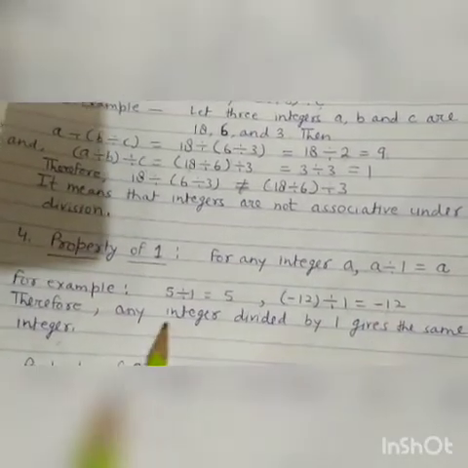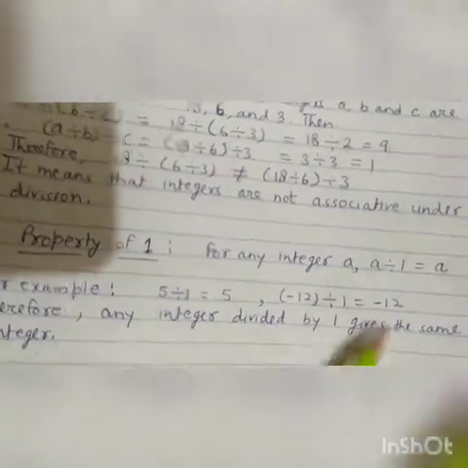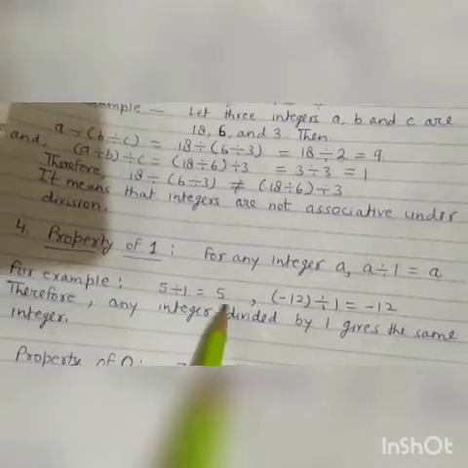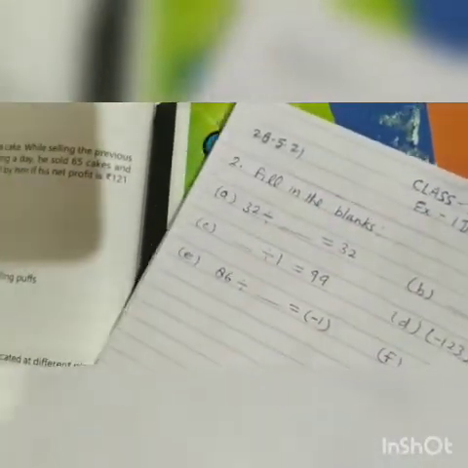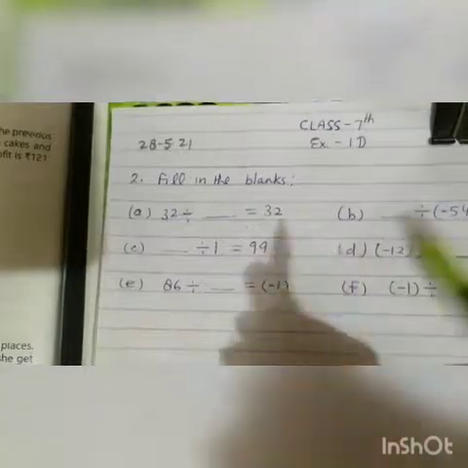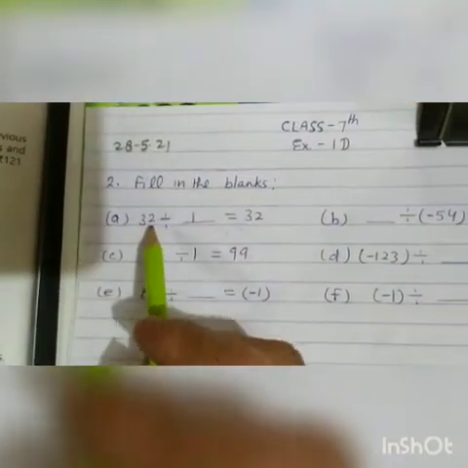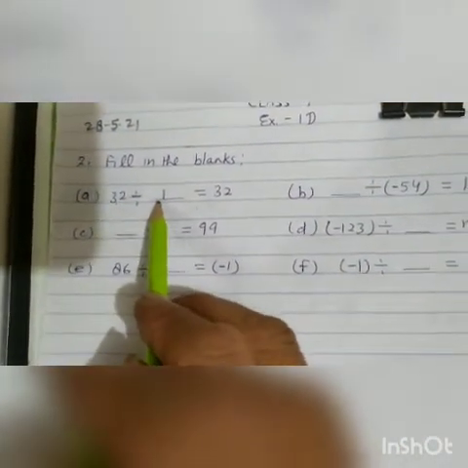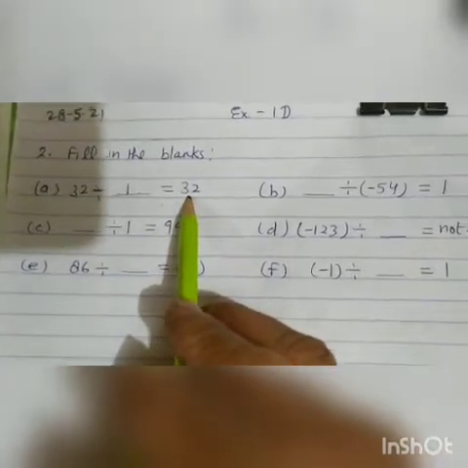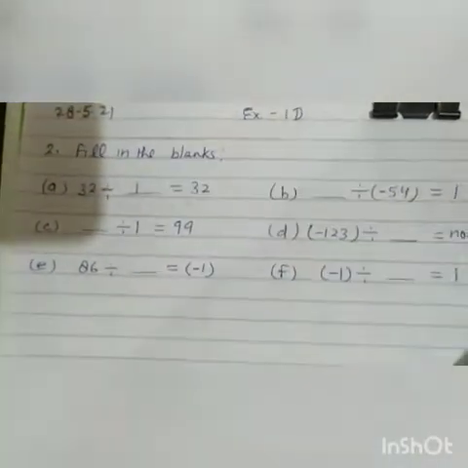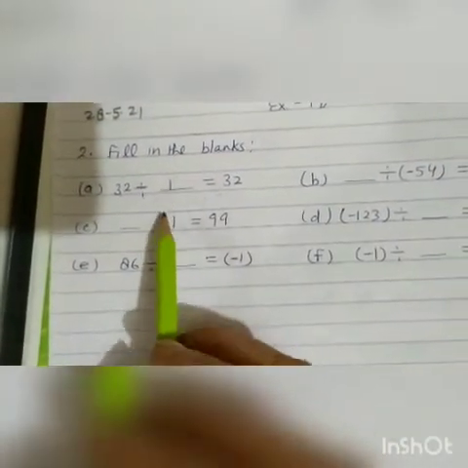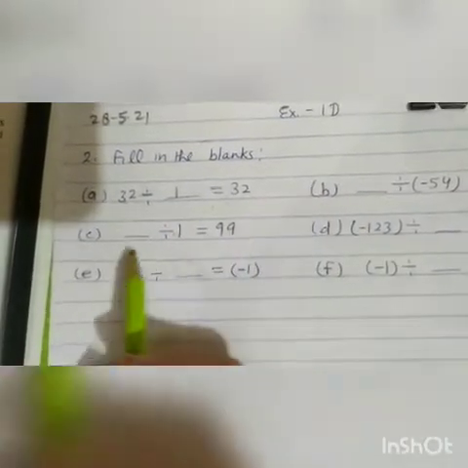I told you any integer divided by 1 gives the same integer, as we did here. So we will write here 1. When we divide 32 by 1, we get the same answer, 32. Now here, see this one first. We will do it later.